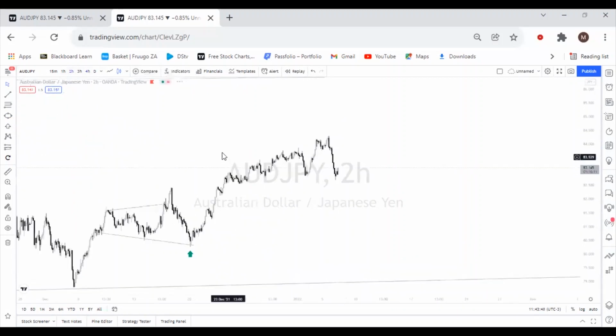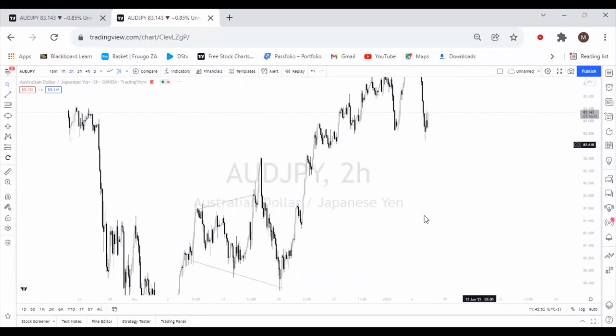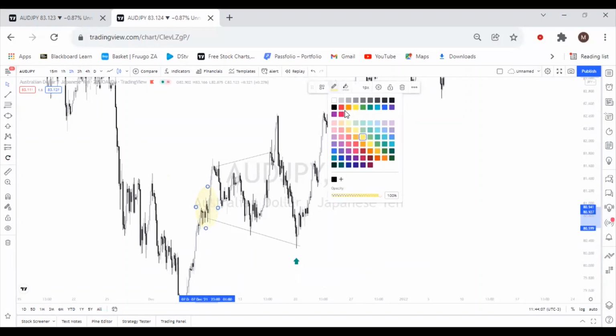Now we can scale down to the 2 hour time frame to see if we can have something similar to this. This yellow color is not visible enough.